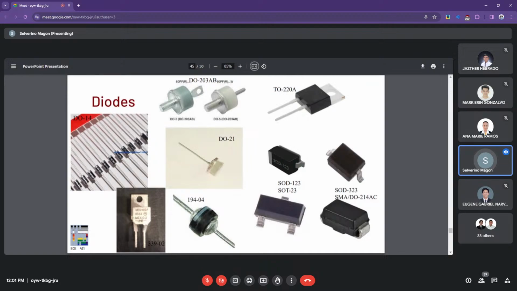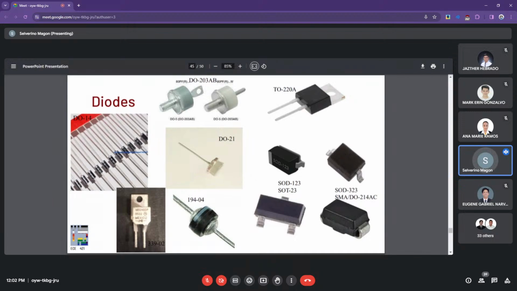So we have the DO, I suppose that's diode outline. There are other diodes in transistor packages as well. So this is supposedly T, or transistor outline, but the device itself is a diode. And if I remember correctly, this sort of designation is published by JEDEC, the Joint Electron Devices Engineering Committee.